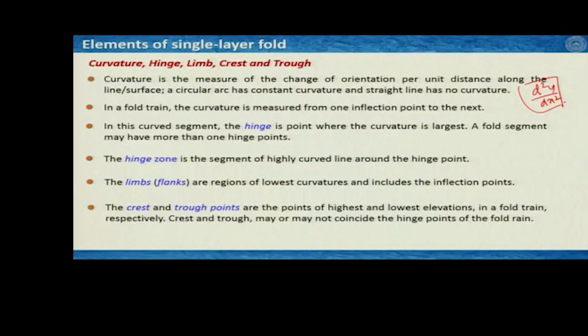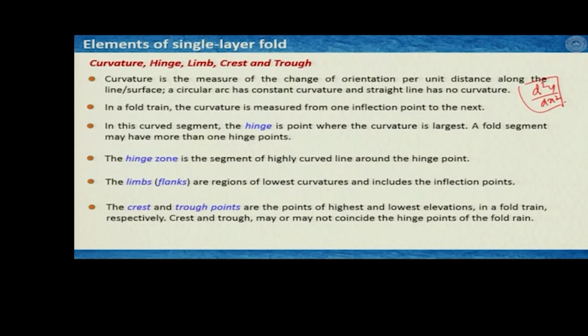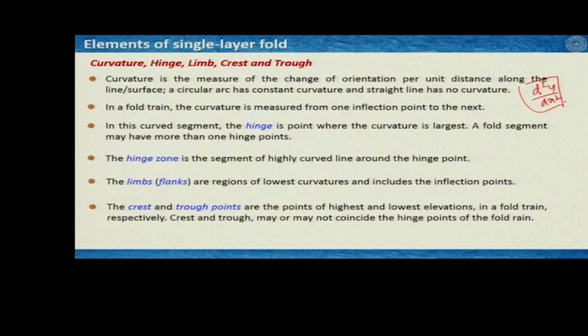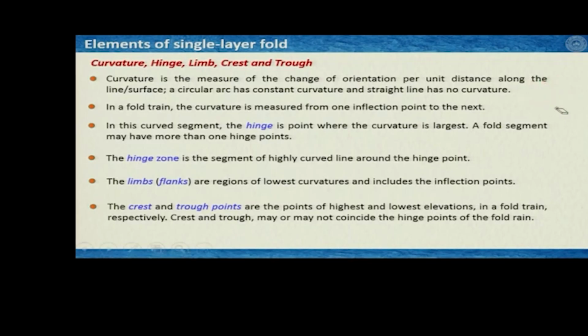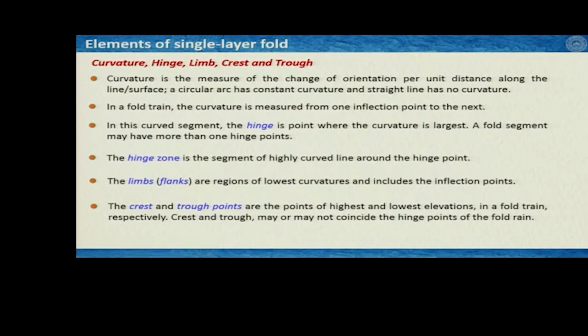Okay. Now, if you consider a straight line, the curvature does not change, because at any segment of this line the orientation of this line does not change if you proceed along the line. So, within a fold train we can figure out that it changes its curvature from synform to antiform and so on, keeping the inflection point in the middle.